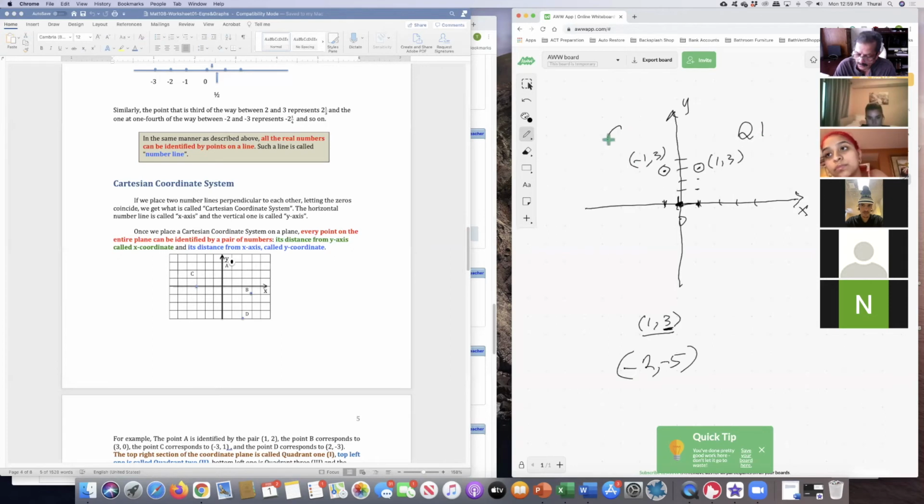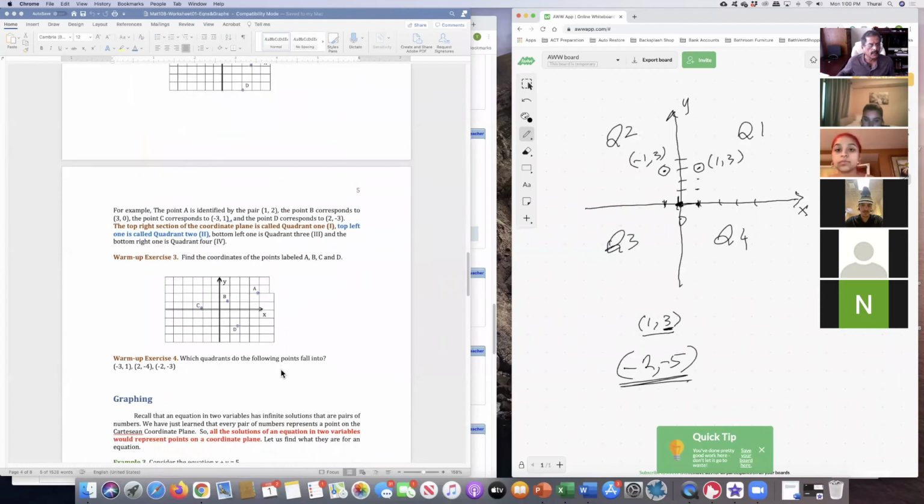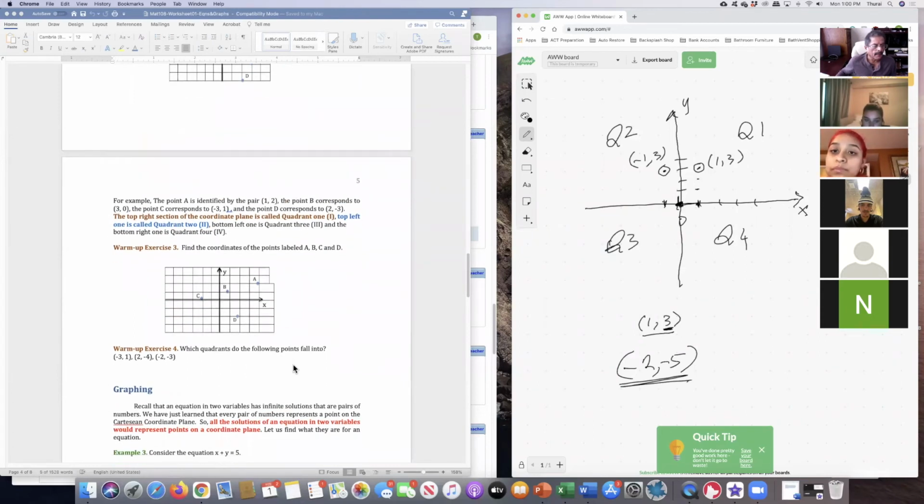This section is called quadrant 2, quadrant 3, quadrant 4. Now my question is -2, -5 will be in which quadrant? Quadrant 3. Right, very good. So just to recall, I know you have learned all these, but we just need to make sure.